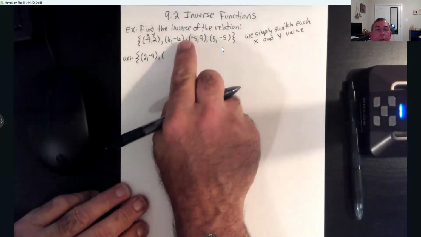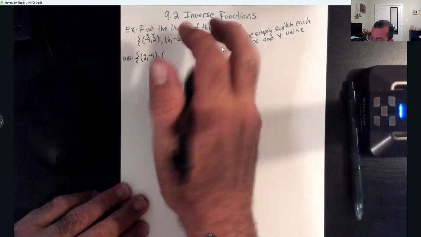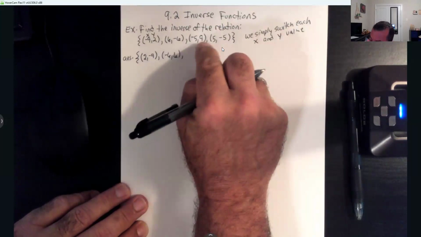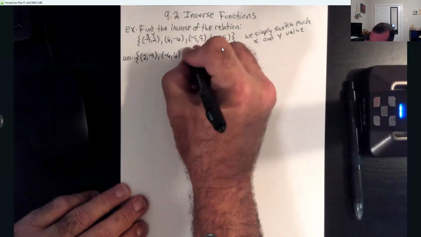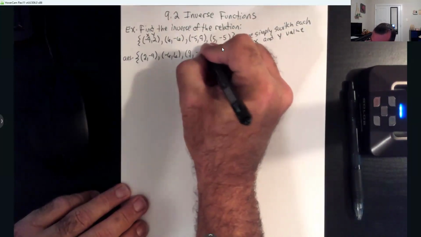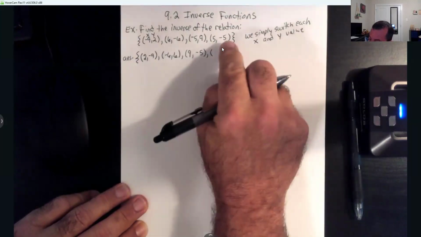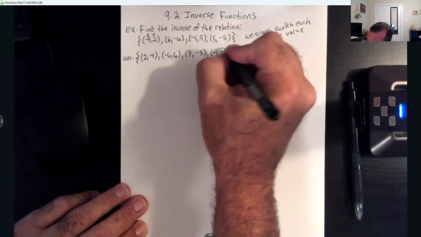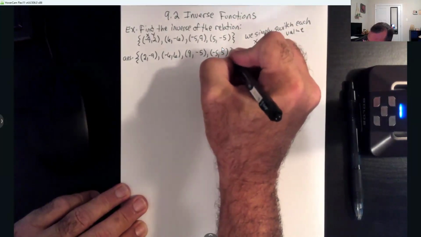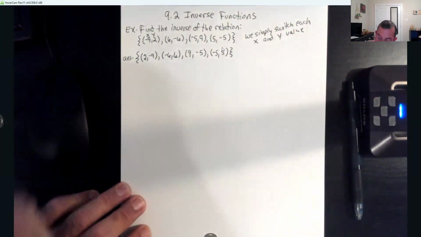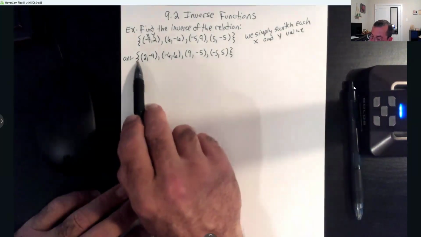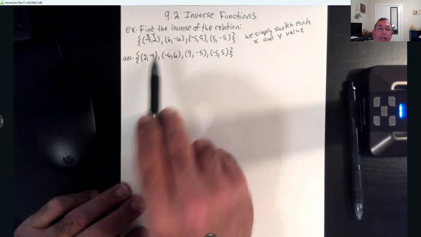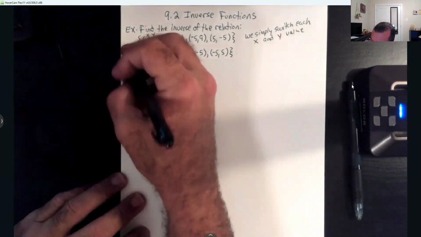Switching the next one, you would get a -6, 6. A 9, -5. And then finally, a -5, 5. And then be done. So like I said, MATLAB will give you the curvy parentheses. All you're doing is coming in and switching the x and y values, okay?